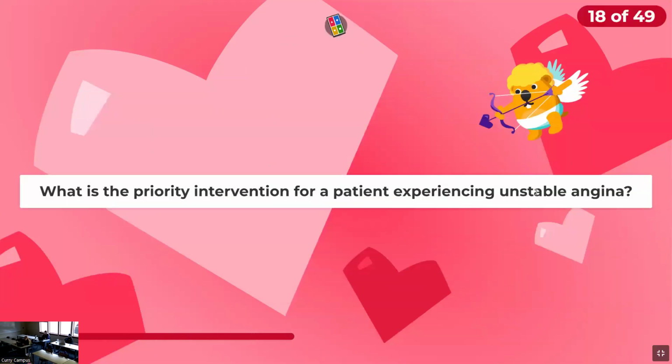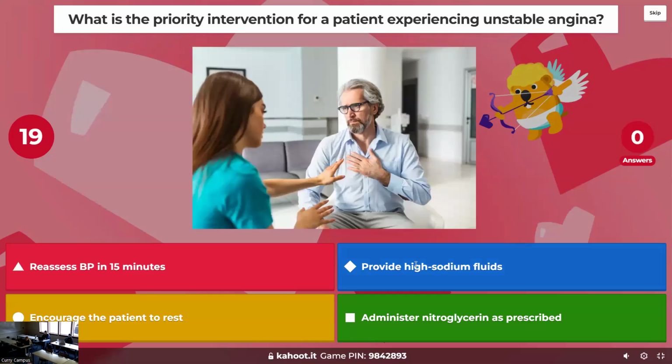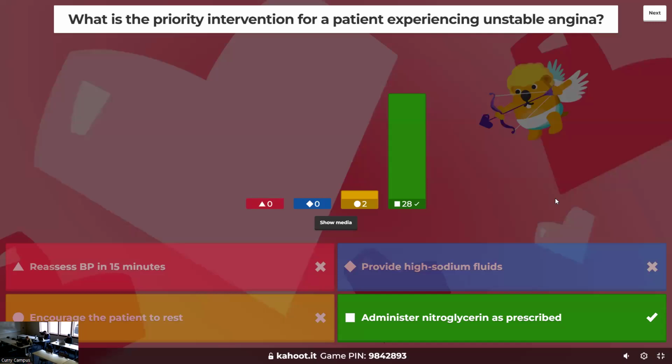What is the priority intervention for a patient experiencing unstable angina? And that lower one is encouraging patient to rest. All right.